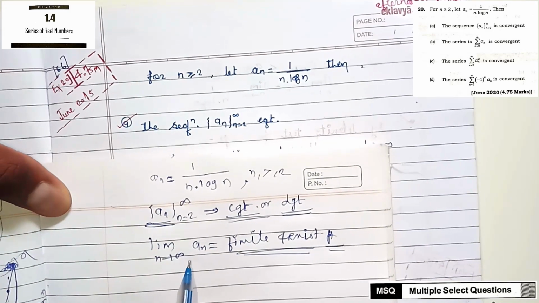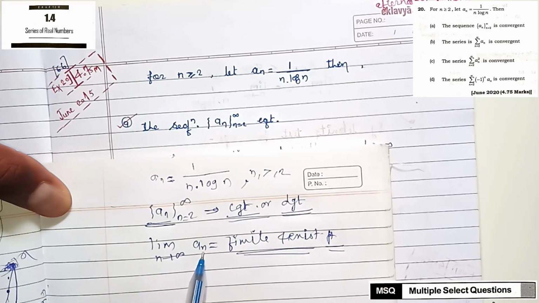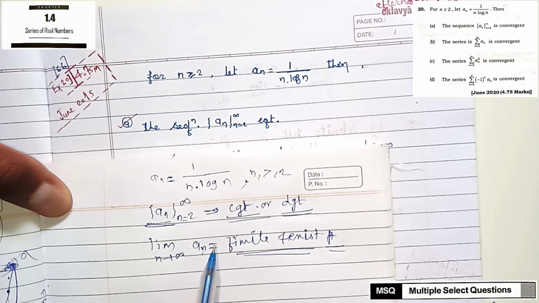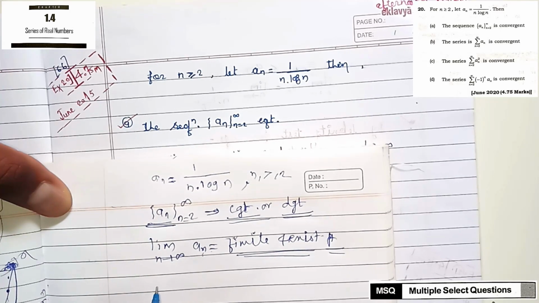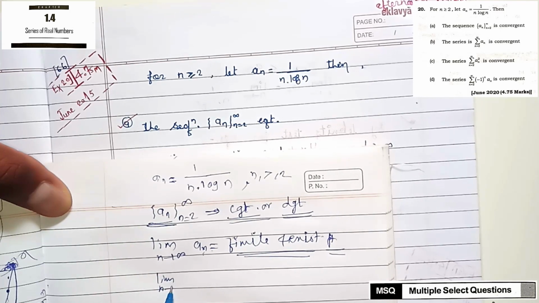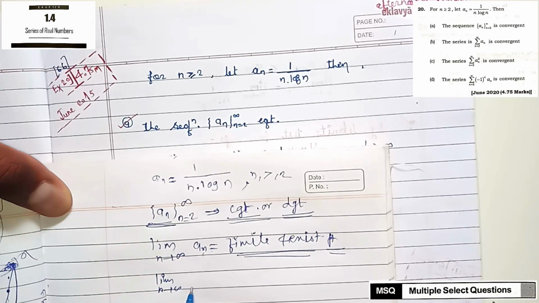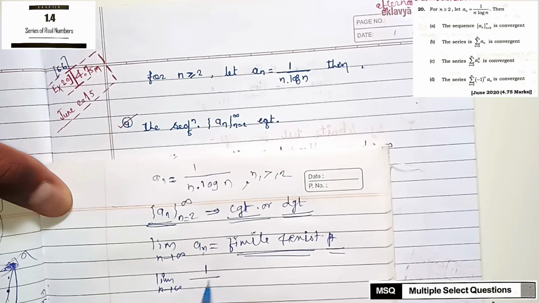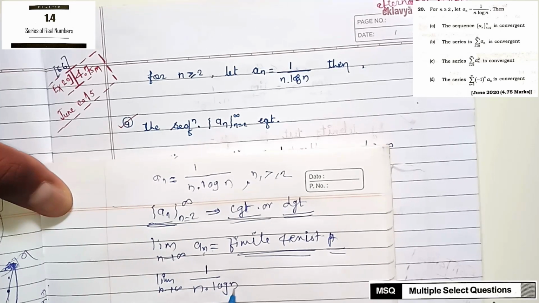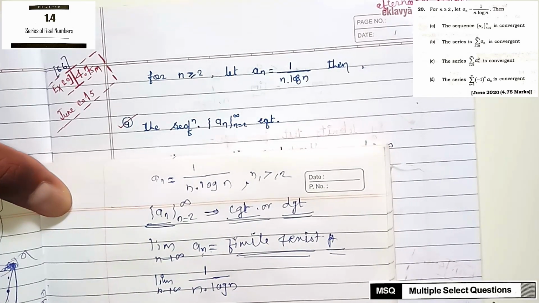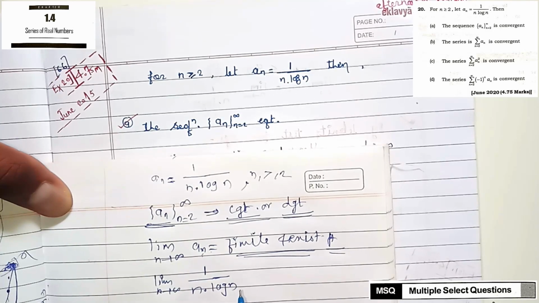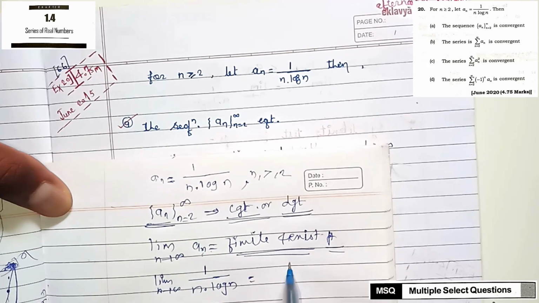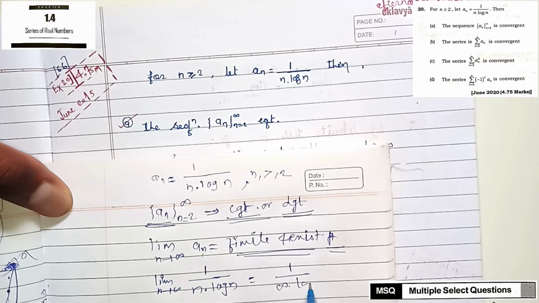So we have to check whether the sequence a_n is convergent or divergent. So the limit as n tends to infinity of a_n, what is the value? 1 upon n log n. So what do we get for n log n? 1 upon infinity times log infinity.